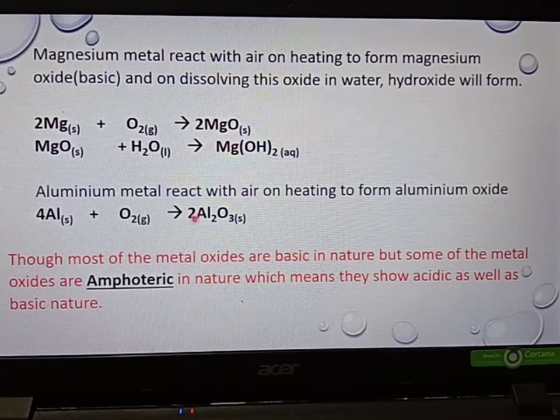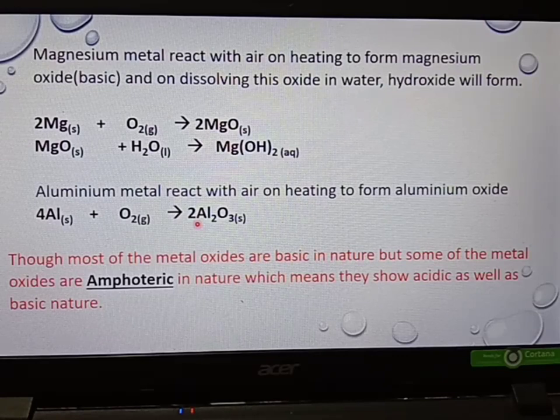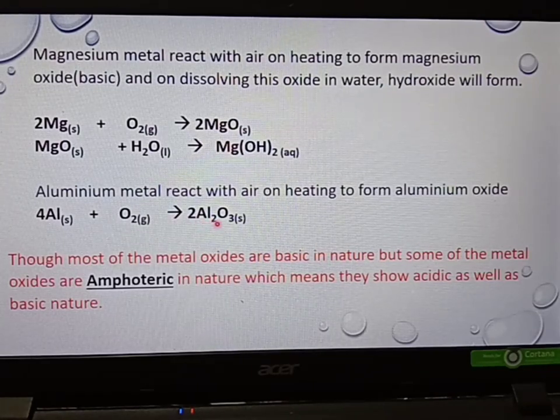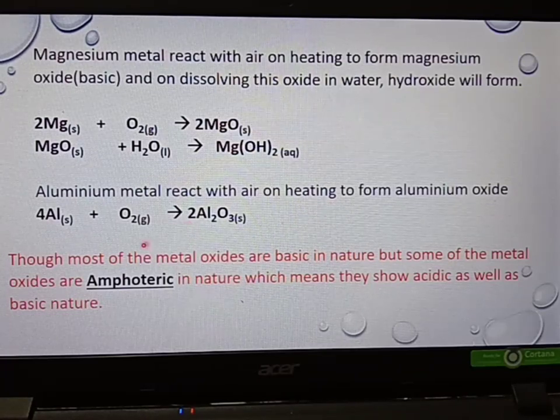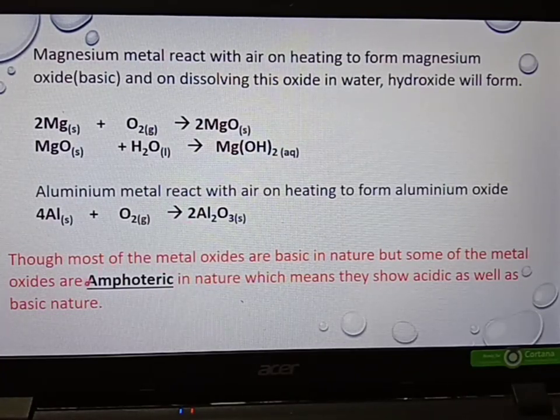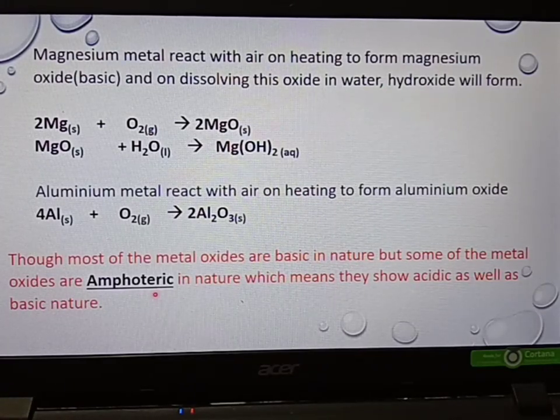But children, there are certain metal oxides which show acidic as well as basic properties, and such oxides of metals are called amphoteric in nature, and these metal oxides are called amphoteric metal oxides.